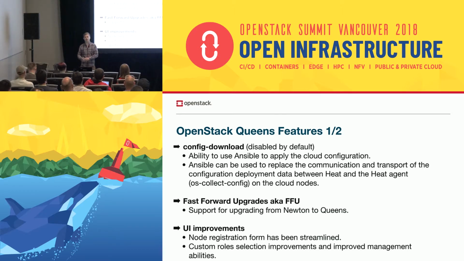So we don't skip releases, but we upgrade continuously from Newton to Queens in a rolling manner. That's pretty nice what they did, and that's working in Queens. And again, the target is to upgrade from Newton to Queens, and that's how it is now.